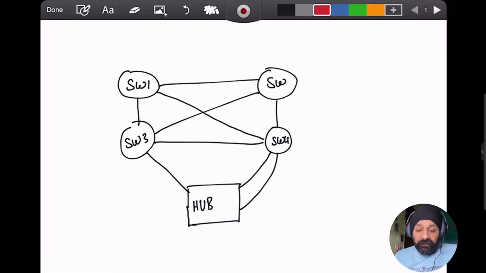And in that case, one of the ports will become the designated port and the other will go into the blocking state but will be acting as a backup port. So in case this designated port goes down, the backup will come up immediately and there will be no downtime. If you're working in the lab, this whole convergence of switching over from the root port to the alternate port or from the designated port to the backup designated port may take 1 to 2 seconds at the most.